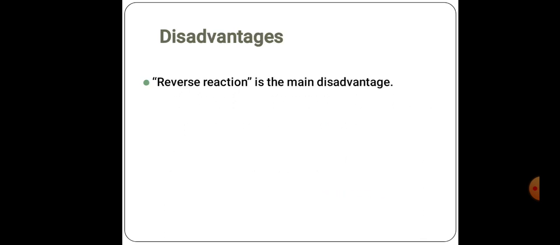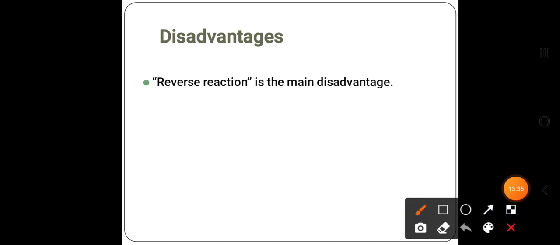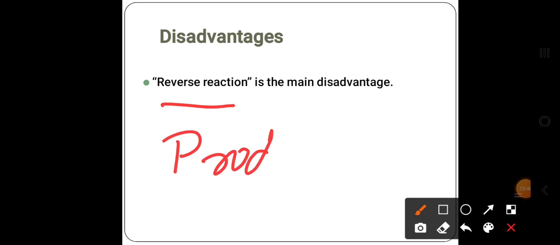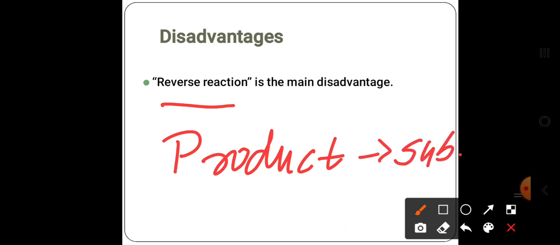What are the disadvantages of this reaction or this test? It can give a reverse reaction. Reverse reaction means the product will be converted into the substrate and the substrate will be converted into the product.